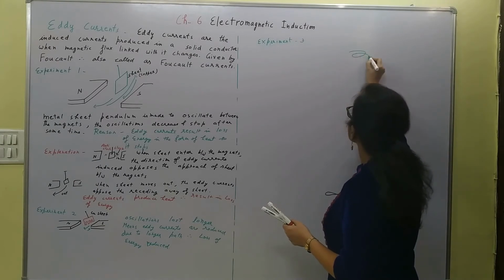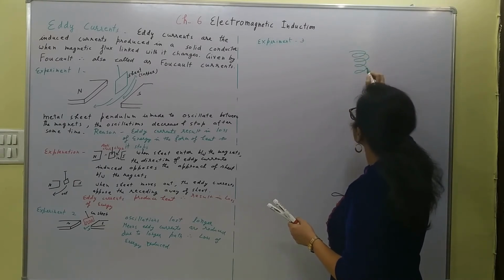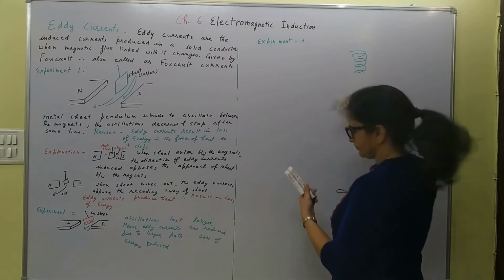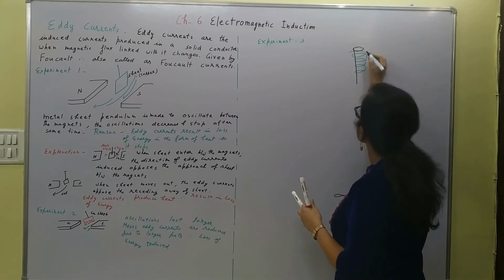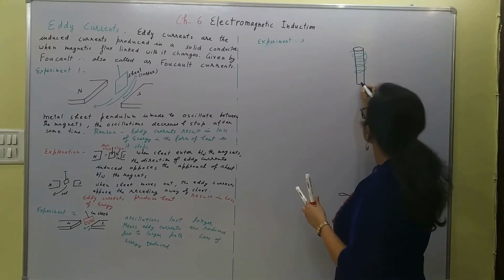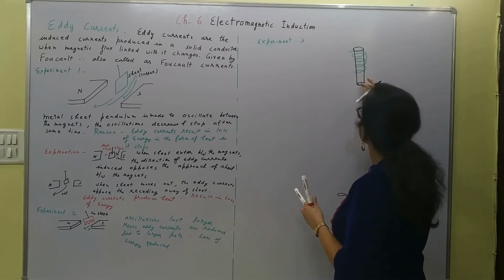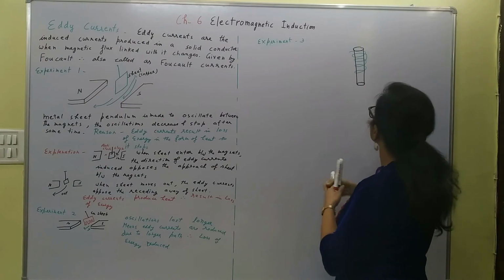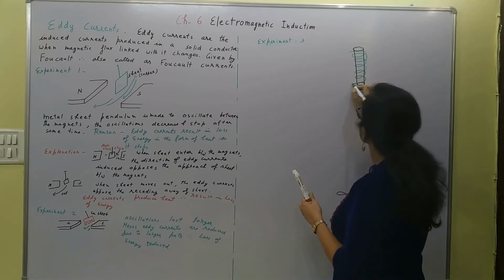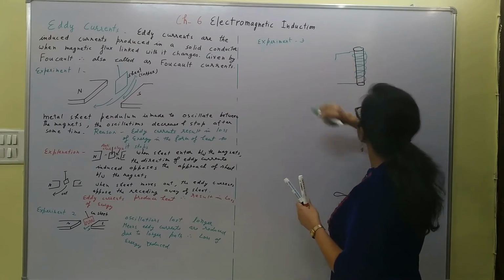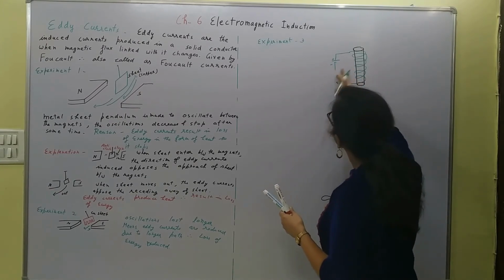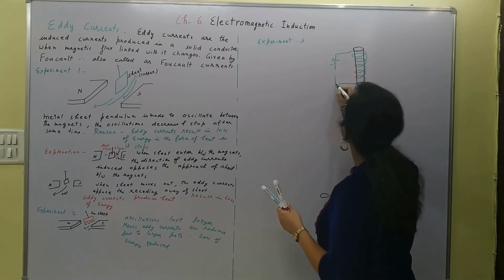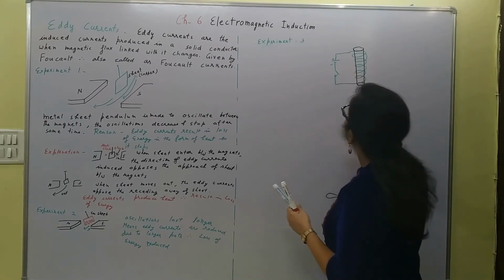A coil is taken which is wound on a solid cylinder. So this is the solid cylinder on which the coil is wound. And here a battery is attached.